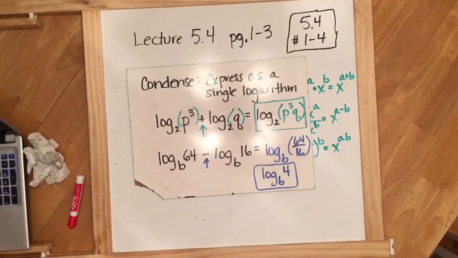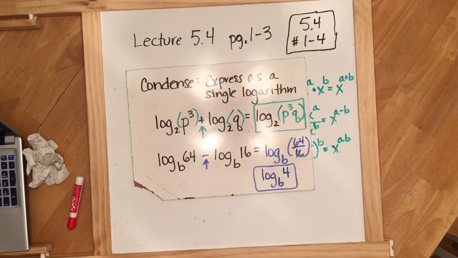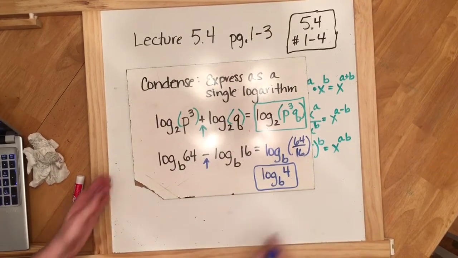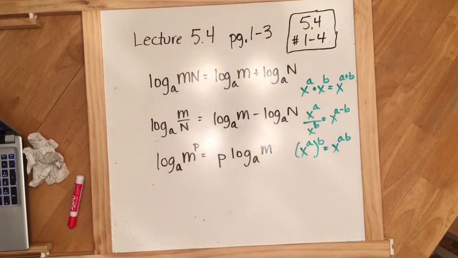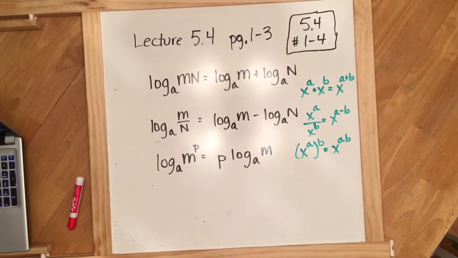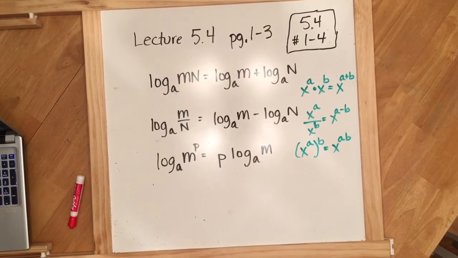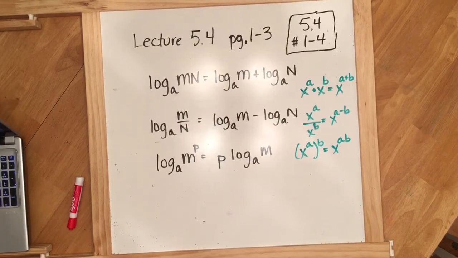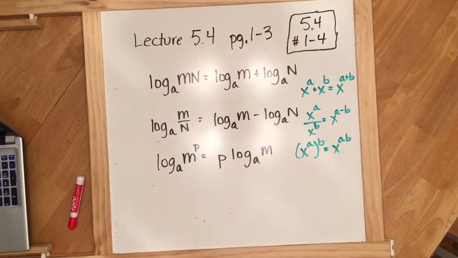All right, so that's just a few examples of condensing. Now let's look at a couple quick examples of expanding. Give me a second to write this down. This is going to be with page 3 of your notes.